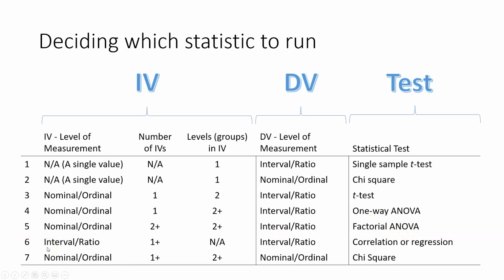If instead you had an interval ratio level of measurement for your independent variable, and you also had an interval ratio dependent variable, you would run a correlation or regression.